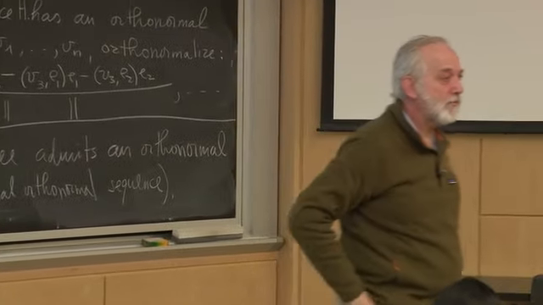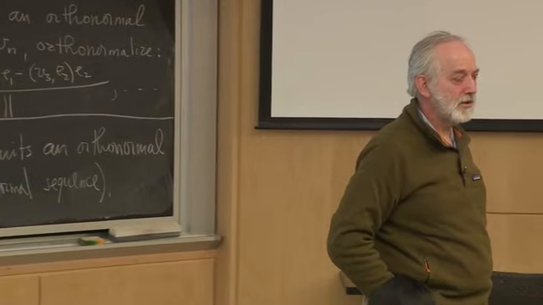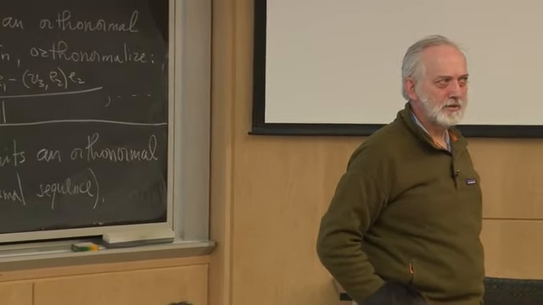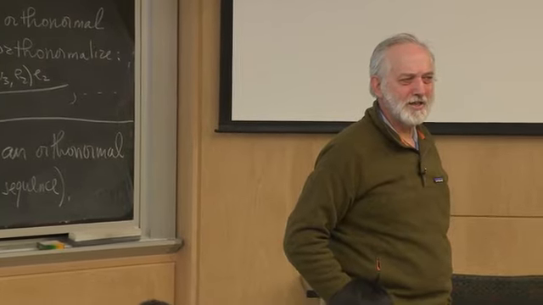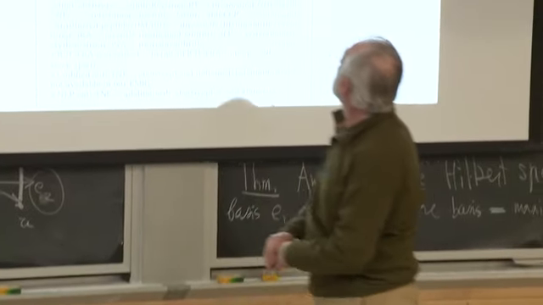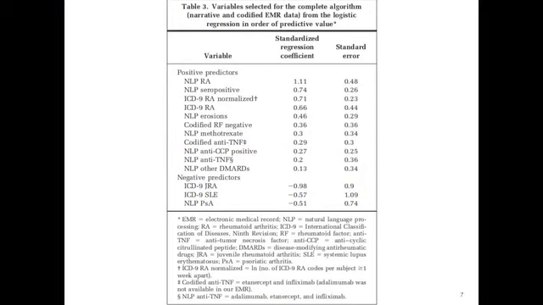On the previous slide, you said standardized regression coefficients. So why did you standardize? Maybe I got the words wrong, but just on the previous slide. I think, so the regression coefficients in a logistic regression are typically just odds ratios, right?